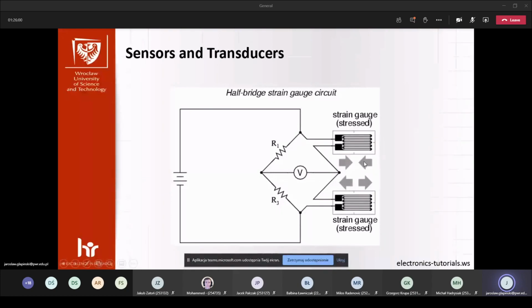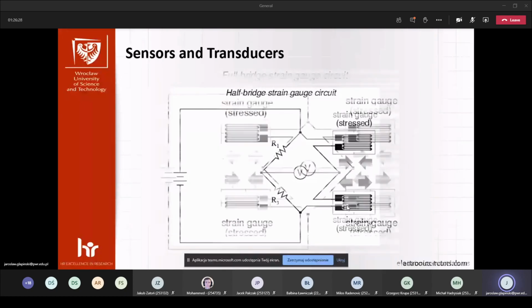One is compressed, one is decompressed, and they are at the same temperature, so they are temperature compensated. If we add another strain gauge that is stressed in the opposite way, we will double the signal, so we've got more signal for the measurement.